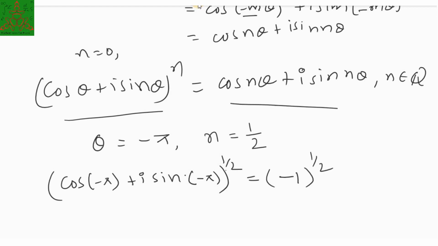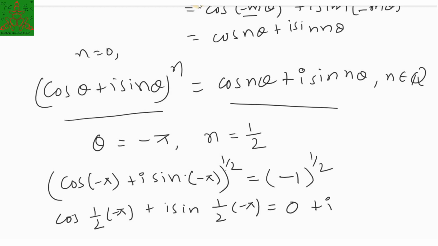On the other side we have cos of (1 by 2 times minus pi) plus i sin of (1 by 2 times minus pi), and you know that cos of minus pi by 2 is 0, plus i times sin of minus pi by 2, which is minus 1, so it is minus i. And you can say that the square root of minus 1 is i.